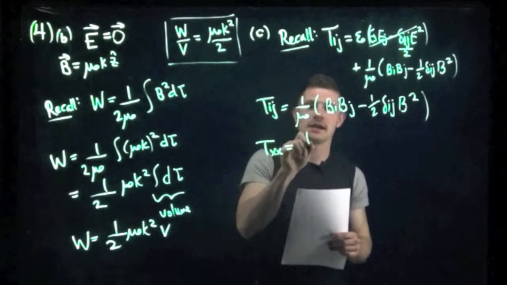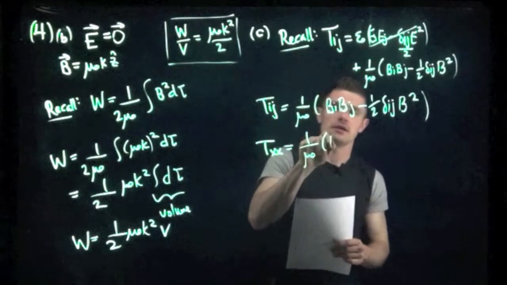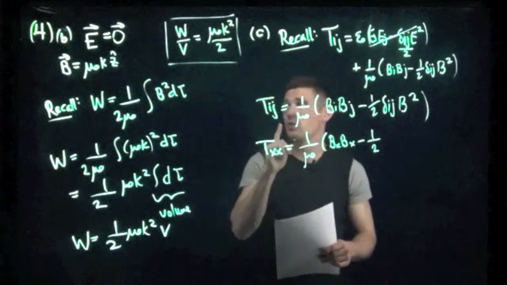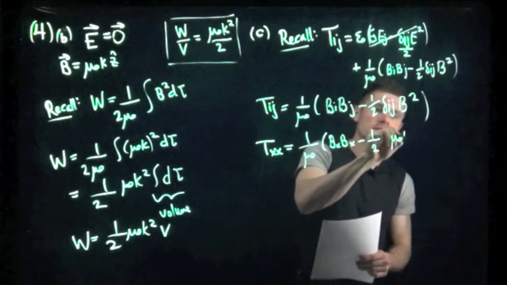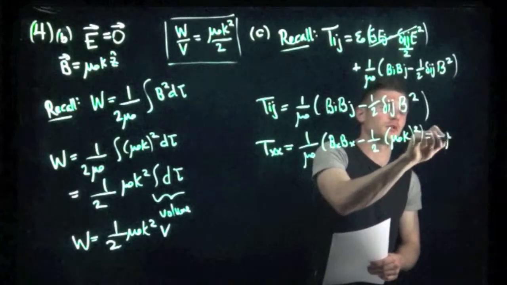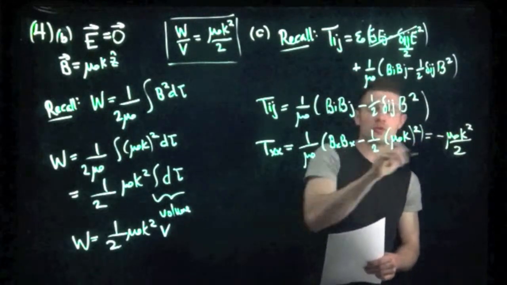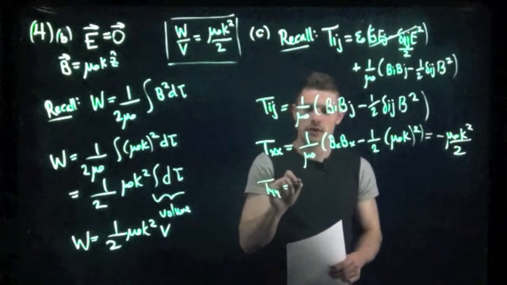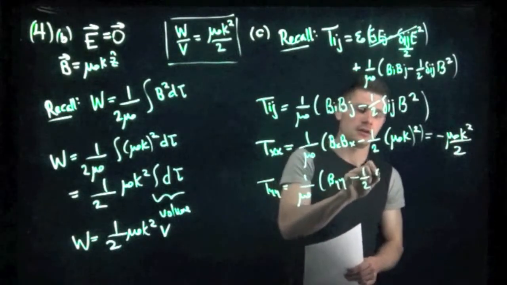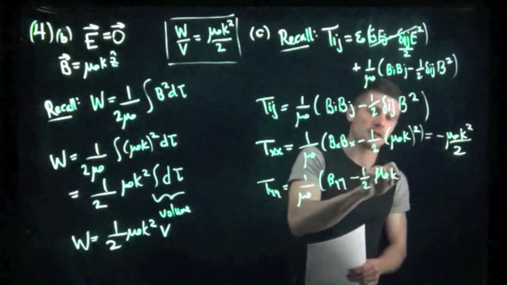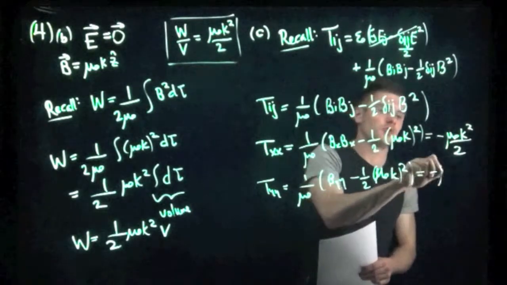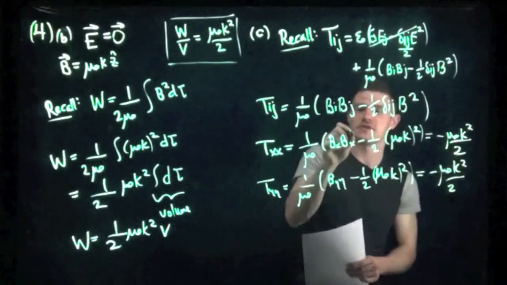We'll have T_xx, which is given by 1 over mu naught B_x B_x minus 1/2 delta_ij is 1, and then we end up with mu naught k squared. So this is equal to negative mu naught k squared over 2. Similarly, T_yy is 1 over mu naught B_y B_y minus 1/2 mu naught k squared, and that's equal to negative mu naught k squared over 2, because of course these terms are 0.